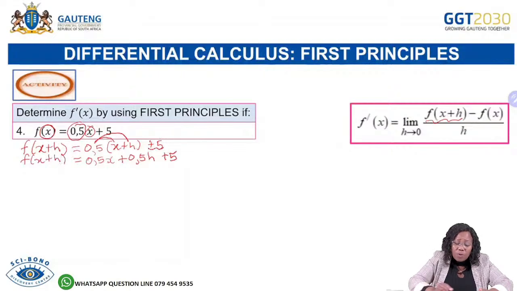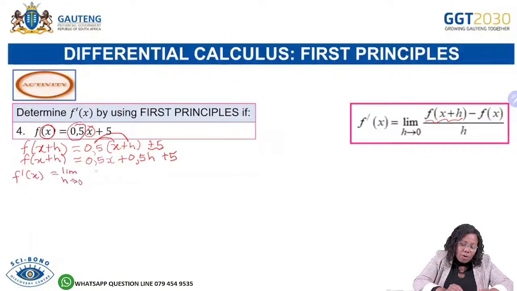And then from there we move to the f derivative of x formula of first principle: the limit of h approaching 0 of f at x plus h minus f at x, all over h.